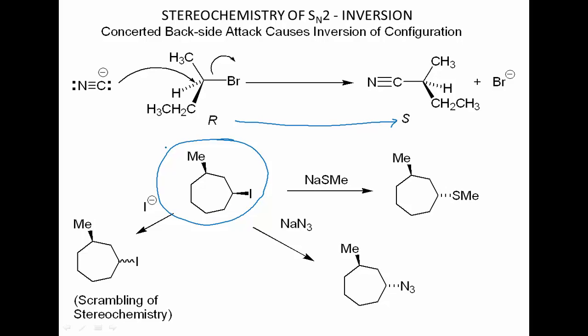An interesting thing happens when we use iodide as the nucleophile. Here the nucleophile and the leaving group are identical. And what we see here is that our first iodide is going to invert the configuration. However, our second iodide is going to invert it back.